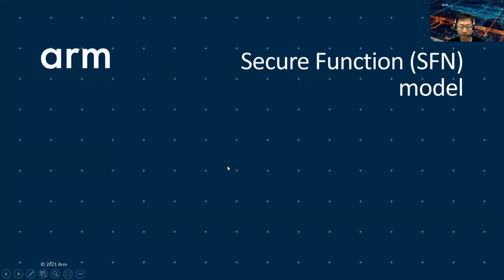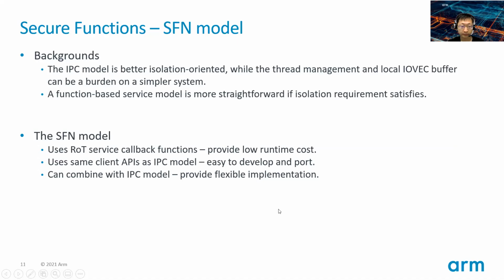Next, another update is the secure function model. The IPC model, as the first proposed model in FF-M 1.0, is better isolation-oriented, but the thread management and the local I/O buffer mechanism can be a burden on a simpler system.